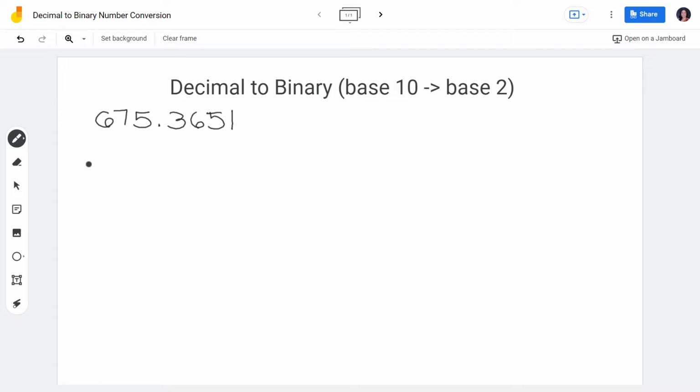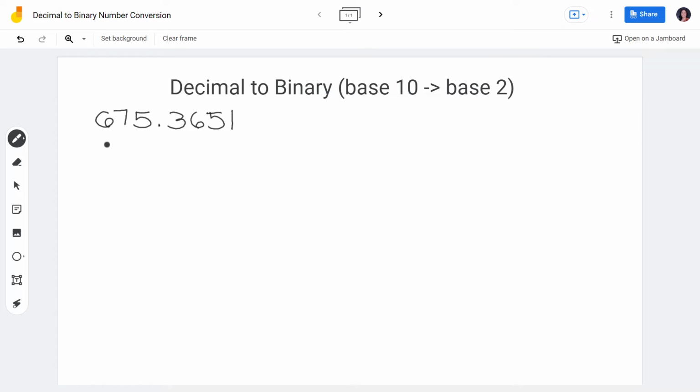First, we have our integer part, which is 675, and then we have the fraction part, which is 0.3651. We're going to solve them separately because we apply different operations to these two parts of the decimal number.